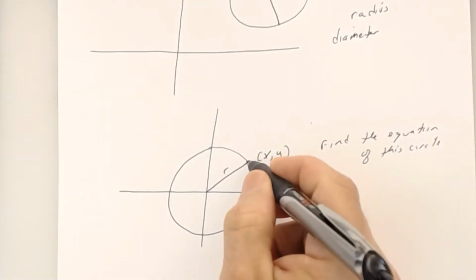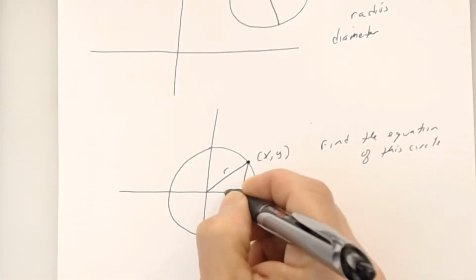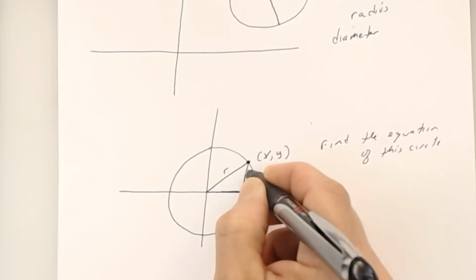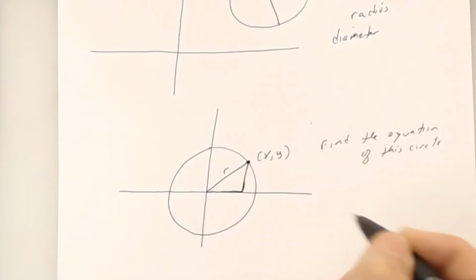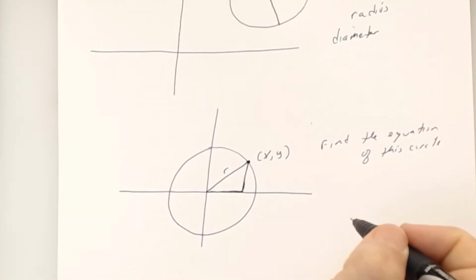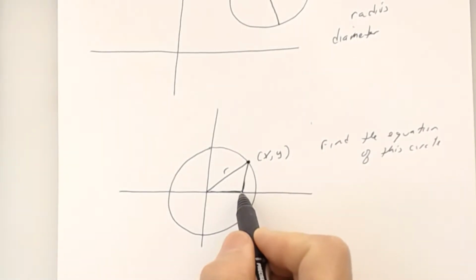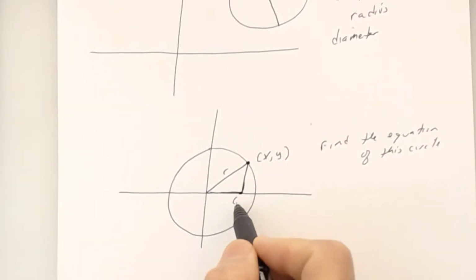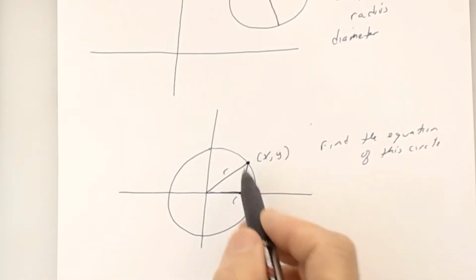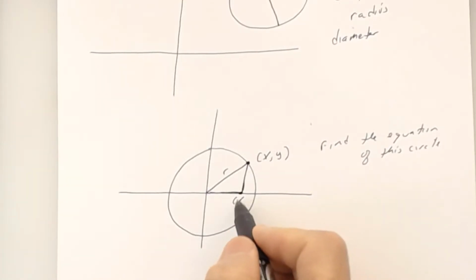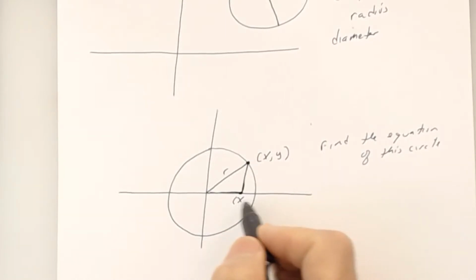I'm going to go straight down and draw a right triangle, just like this. What are the coordinates of this point right here? Remember we talked about this earlier. It's X, 0, right?